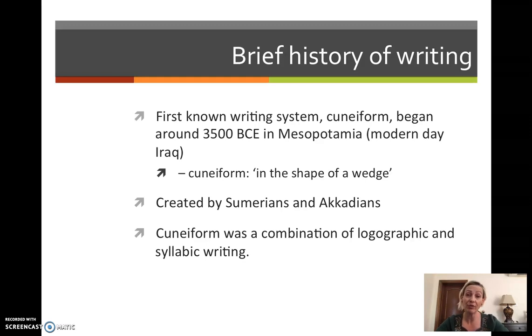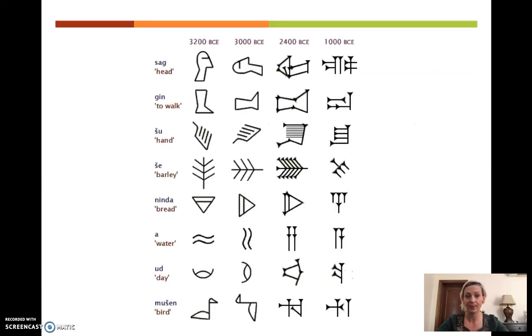The name cuneiform comes from straight lines and wedges that were used in the symbols. And this writing system was a combination of logographs, so symbols that stand for words, and syllabic writing, so symbols that stand for syllables.